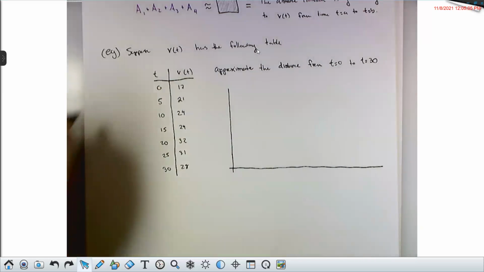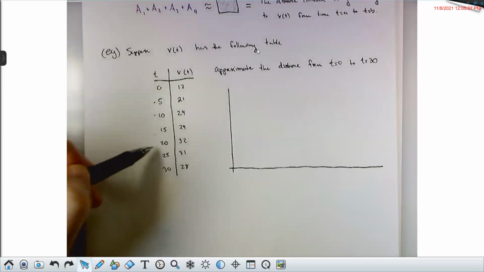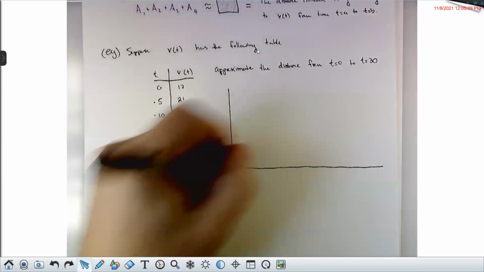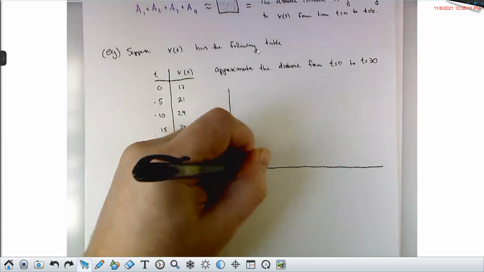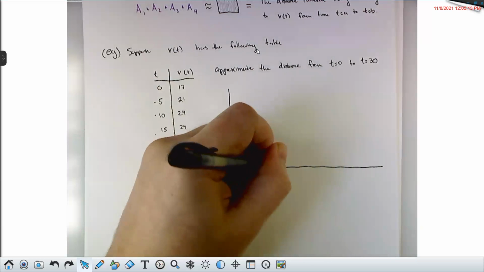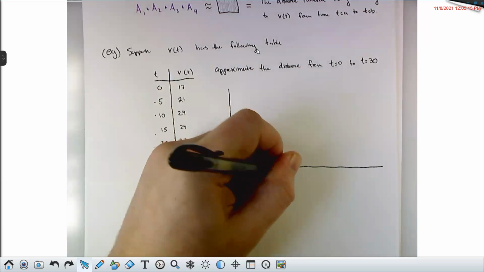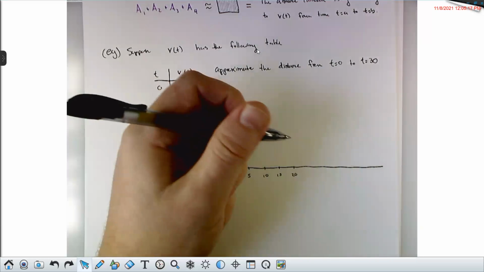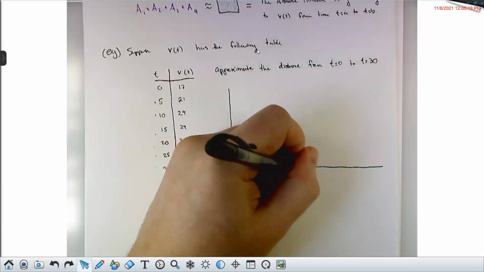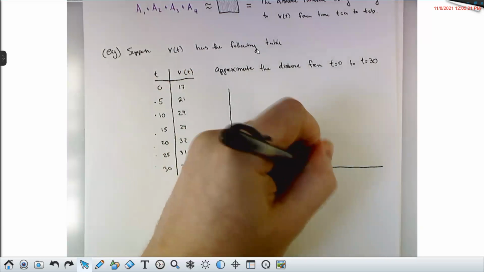We've got to get all the way up to 30. We have 1, 2, 3, 4, 5, 6, 7 sample points. So 5, 10, 15, 20, 25, 30.